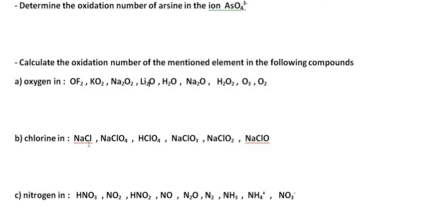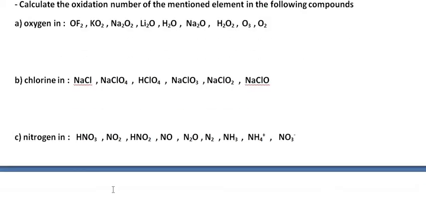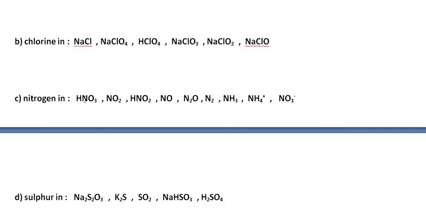For chlorine here: minus 1, plus 7, plus 7, plus 5, plus 3, plus 1. For nitrogen: plus 5, plus 4, plus 3, plus 2, plus 1, 0, minus 3, minus 3, plus 5.